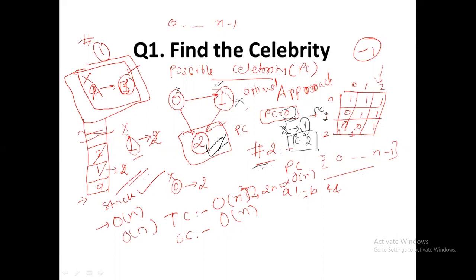others or not. So what is the condition for it? Let's consider I am running my loop from i equal to 0 to n, and I want to check this possible celebrity.